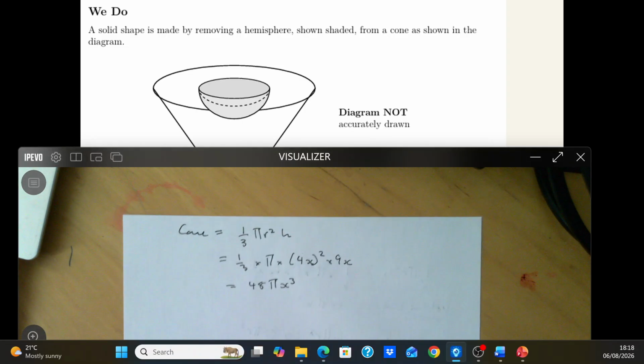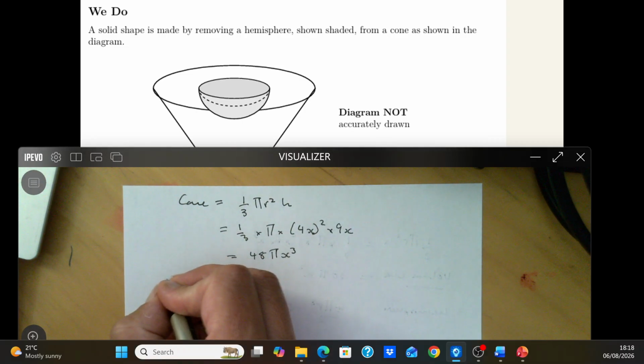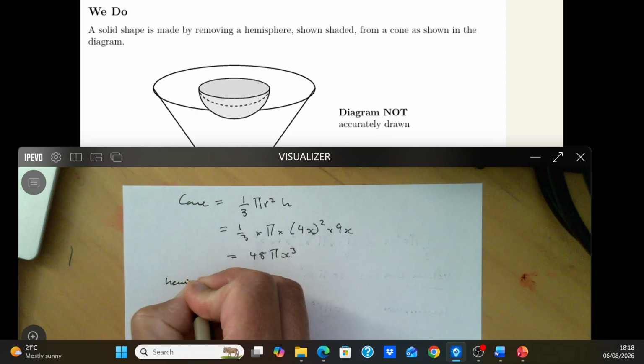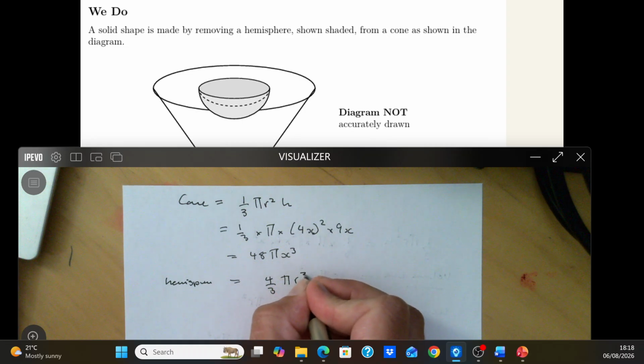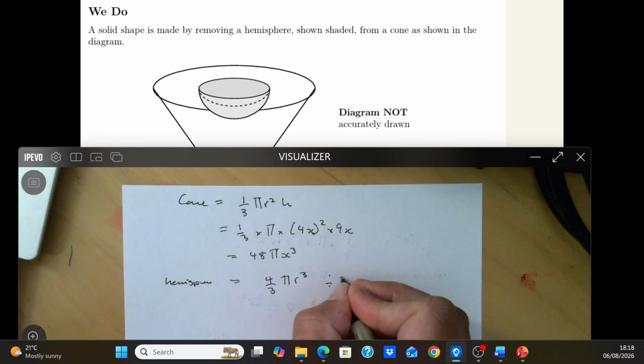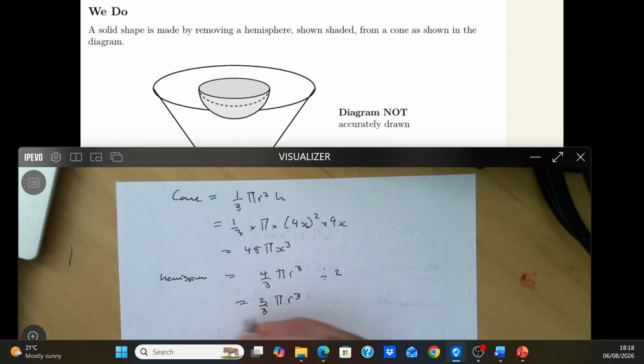Right, that's the cone. What do you also need to work out? The volume of the hemisphere. Why do I need to divide it by 2? Because it's a hemisphere, not a sphere. What was r?